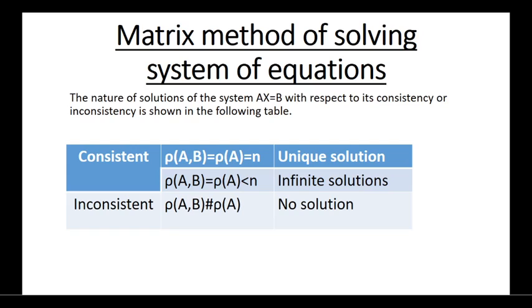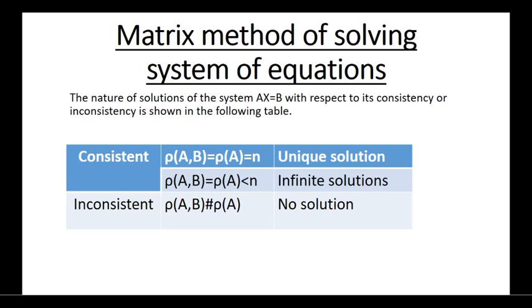So always remember, the system of equations will have no solution when the rank of the coefficient matrix and the rank of the augmented matrix are not the same. The system will have a unique solution when the rank of the coefficient matrix and the rank of the augmented matrix are the same and equal to the number of unknowns.